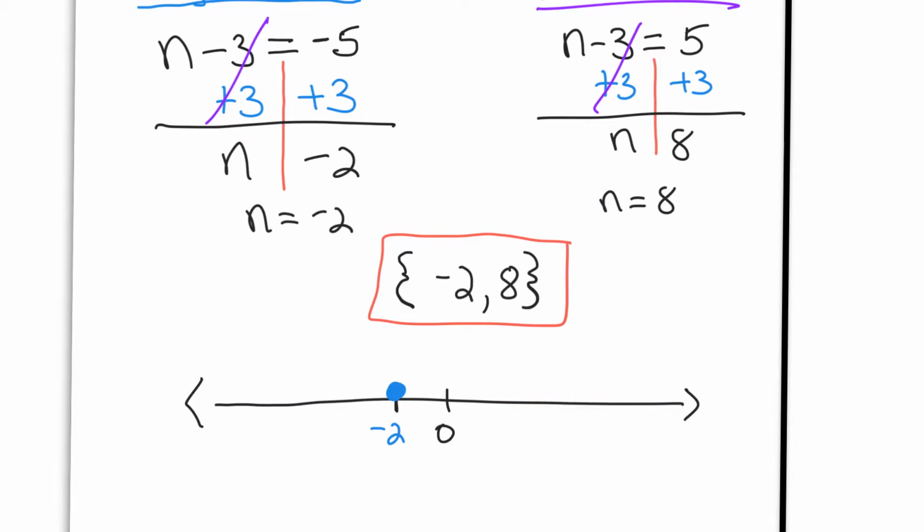So right here is my +8. And I'm going to make a dot or a closed circle on top of that number. So my graph of the number line is all of this right here, and my solution set is right here. And that's what we want. We want two things. One is my solution set, and the second thing is the graph.